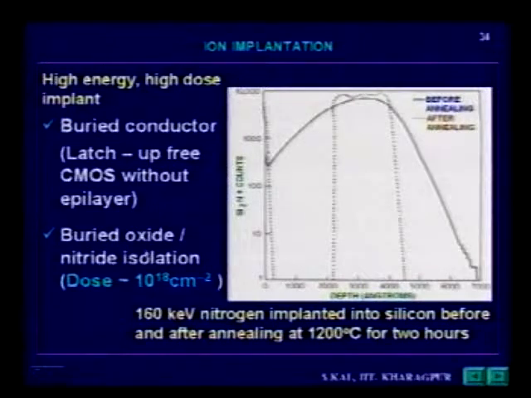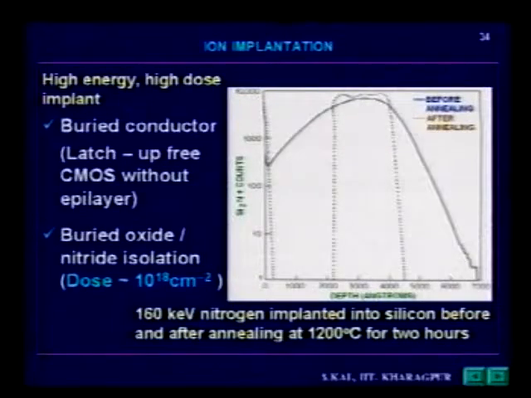And the other application is buried oxide or buried insulator. Buried insulator means some dielectric layer is formed inside the semiconductor crystal. Here you can have either buried insulator or buried conductor, because in case of implantation you have seen the profile is fully Gaussian. That means at the surface the peak concentration is not available. Peak concentration of the dopants is available at the length Rp, which is the range value, and Rp is not at the surface, it is at a particular depth.